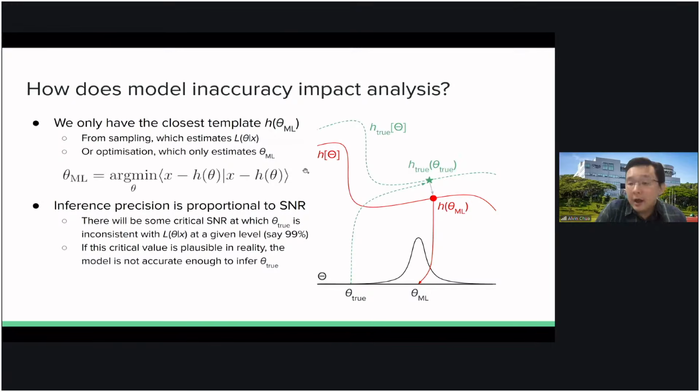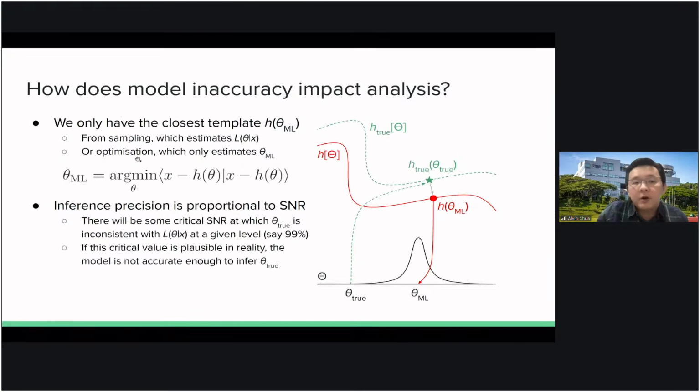What we do have, given the true signal H true, is that we can only find the closest template, call it H of some parameters theta ML. ML stands for maximum likelihood. Essentially, there are two ways of doing it.